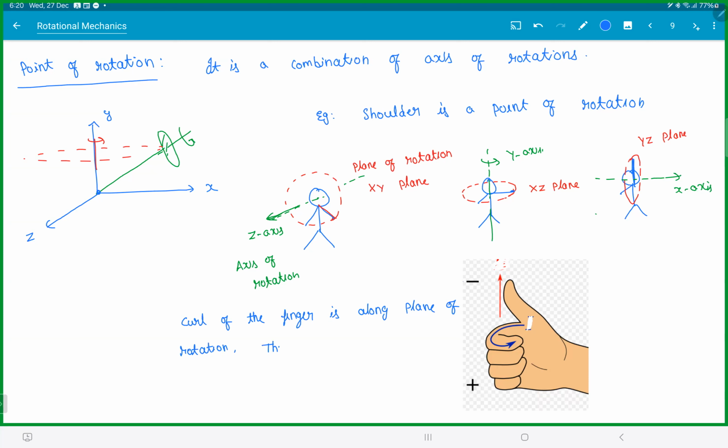The thumb indicates the axis of rotation. We can use the right hand thumb rule. The right hand rule will give you the direction of the axis, which way it is. Have a look at this page.